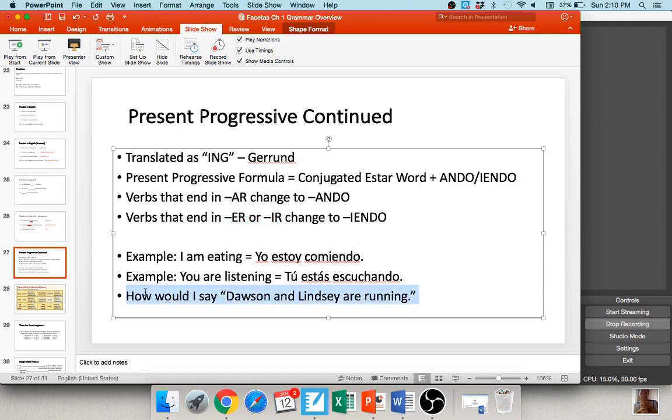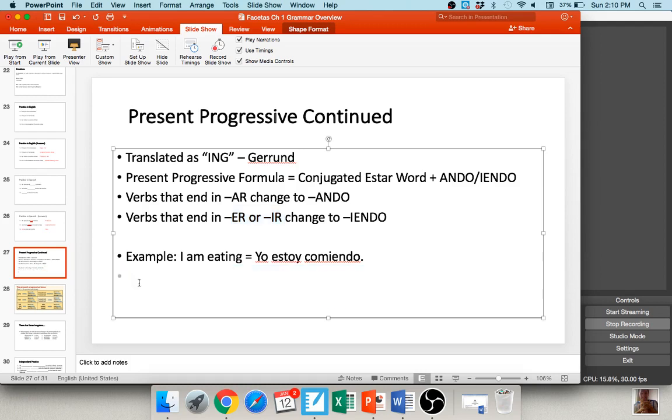Okay, you can also do these in the past tense. So instead of saying I am eating, if I want to say that I was eating, I would take an estar word in the imperfect tense and say estaba, and then my participle remains the same. Comer, I'm going to remove my ER and add back yendo. Okay?